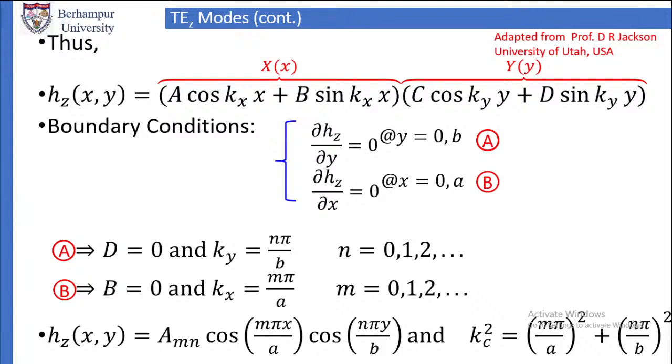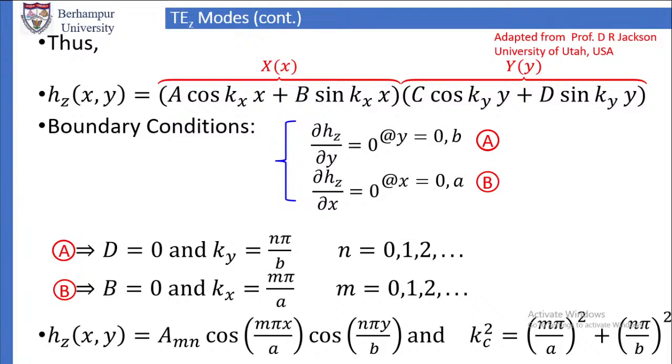You know sin is 0 when sin n pi is equal to 0. Sin 0, sin pi, sin 2 pi, sin 3 pi all are 0. So sin n pi is 0, which means ky into b is equal to n pi. From that you get ky is equal to n pi by b. What is n? n is equal to 0, 1, 2, 3, etc.